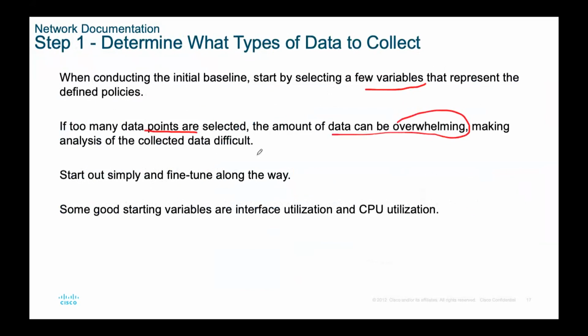So start out simple and fine-tune along the way. Some good starting variables are interface utilization and CPU utilization. So that is step 1, determine what type of data to collect.